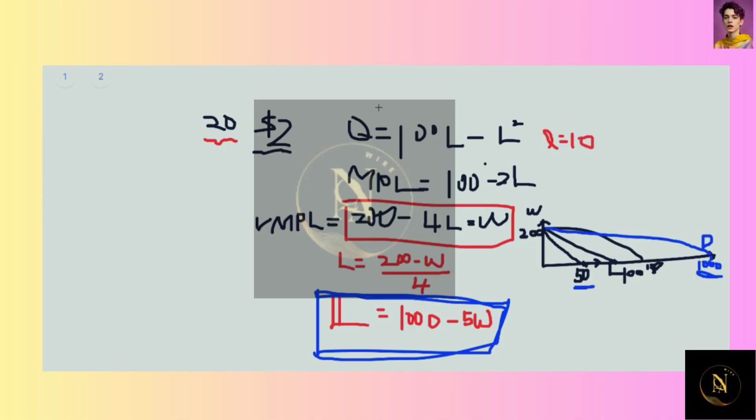So Q equals 100 times L, which is 10 here, so it's 1,000 minus L squared. The square of 10 is 100. So we know that each firm produces 900 apples.